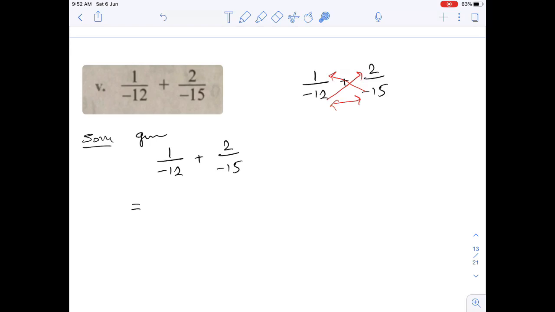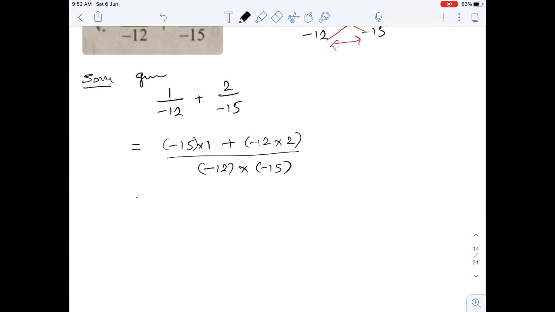I am writing the detailed step here. You will get minus 15 into 1, then minus 12 into 2, but in between there is a plus sign, so we mention that plus sign here also. Divided by minus 12 multiplied by minus 15, so minus 12 into minus 15.